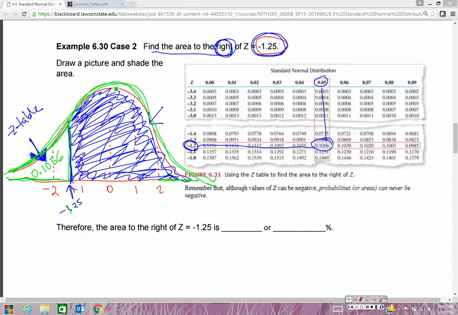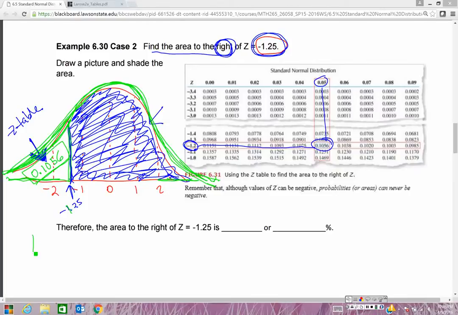So the total area under here is 1 or 100%. Since we're dealing with decimals, as we have decimals in our z-table, we're going to subtract this value 0.1056 from 1, since the total area under here must equal 1. So let's do that.